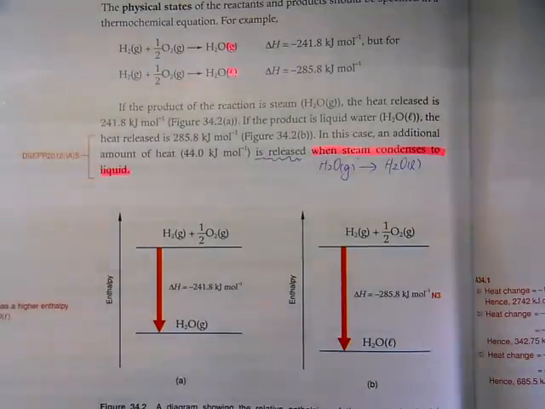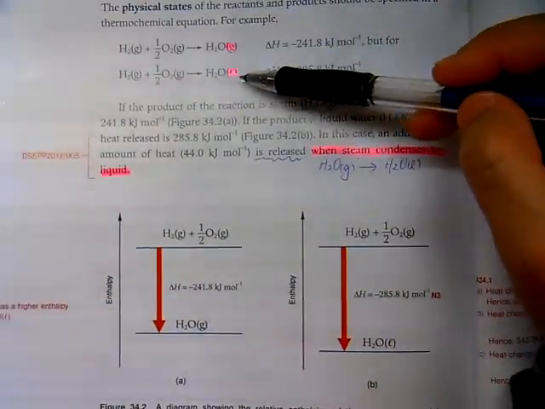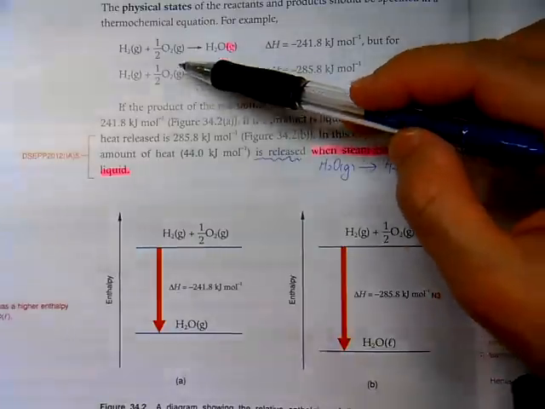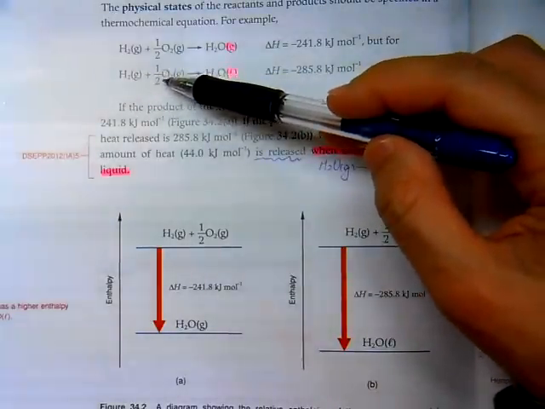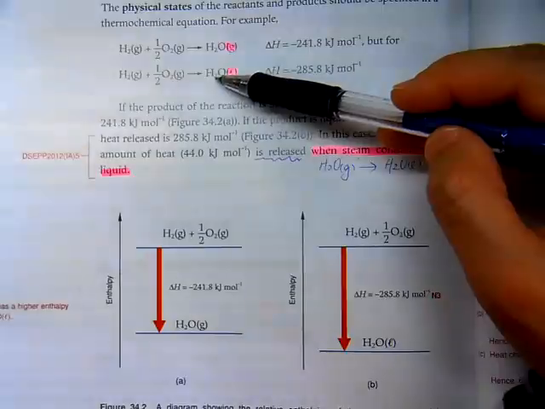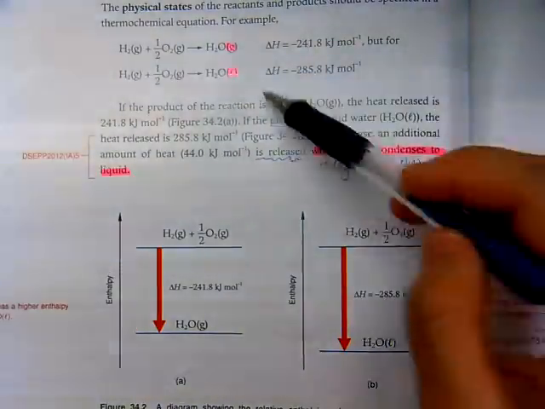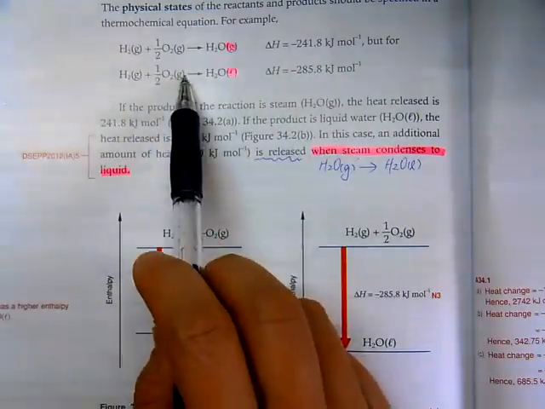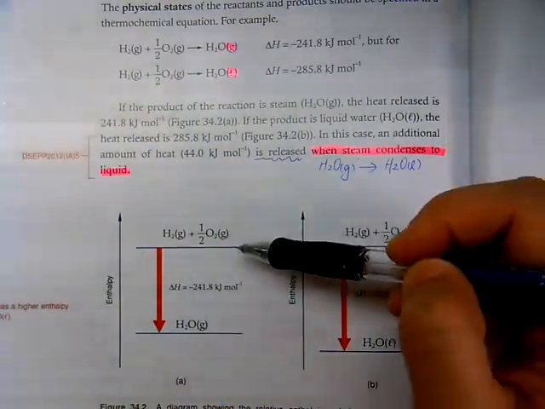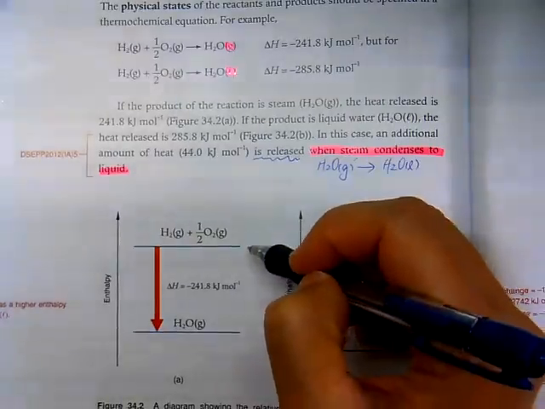Now, let's look at the second equation. It is the formation of H2O liquid from H2 gas and half O2 gas to form 1 mole of H2O liquid. Same starting material, therefore the reactants are the same with the same enthalpy, the same height.